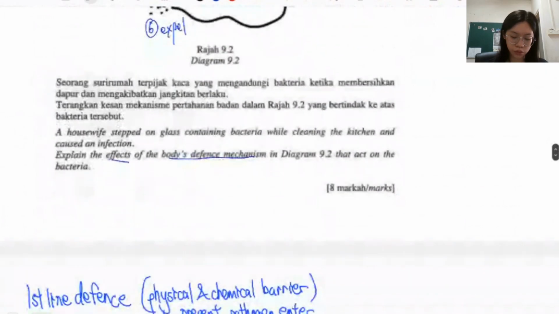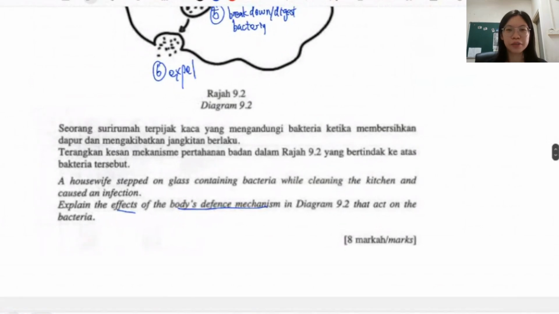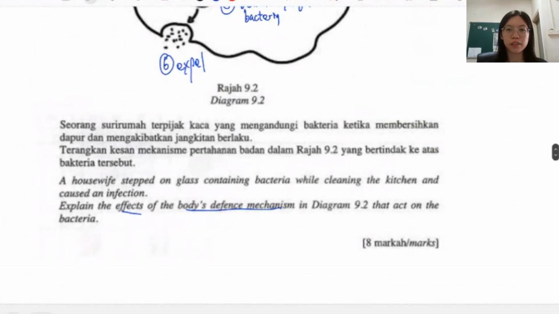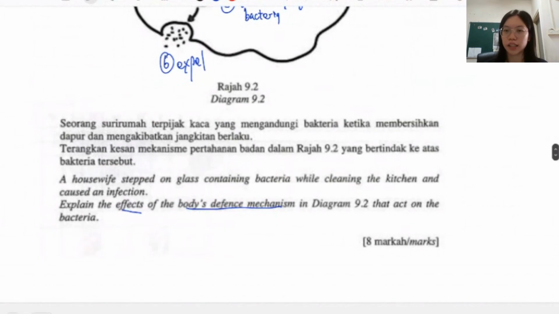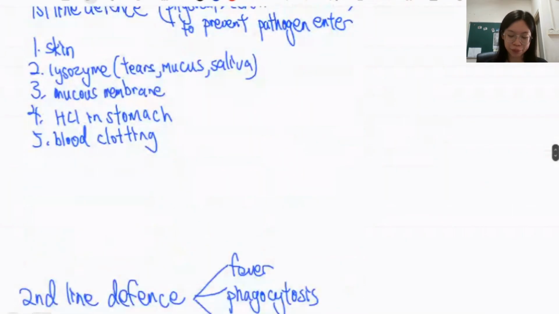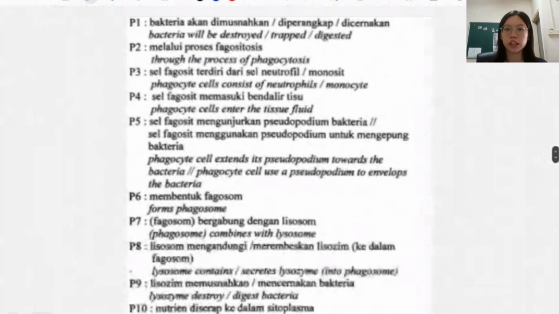Okay, the way they ask is a bit weird, like explain the effects. Normally we will just ask, explain the body defense mechanism that acts on the bacteria. Effects is kind of weird lah. So yeah, these are the points you can mention, which I've already mentioned with you just now, just that they added on something lah.